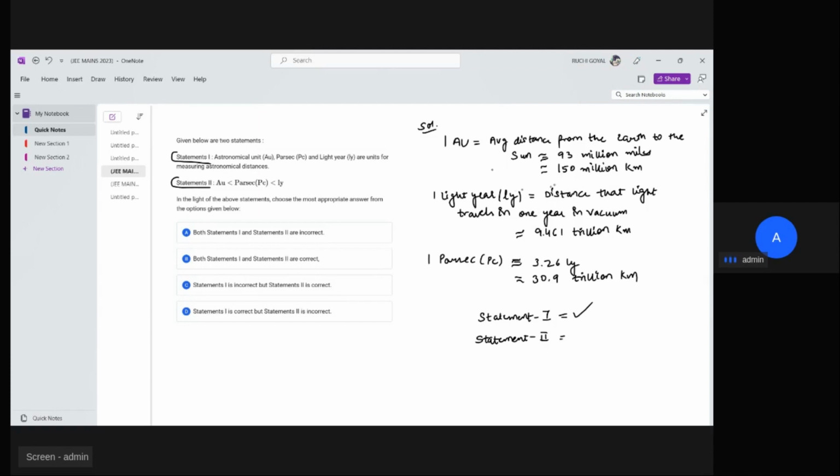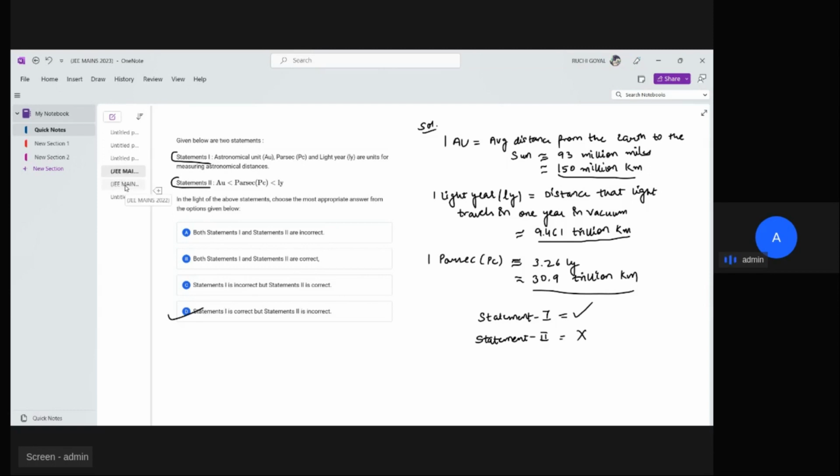So this is false. You can see the values. AU is 150 million kilometers, light year is 9.461 trillion kilometers, and parsec is 30.9 trillion kilometers. So that's why it is not correct. Statement 1 is correct, but statement 2 is not correct. So this is option D, so D will be the answer of this question. Right? Yes.